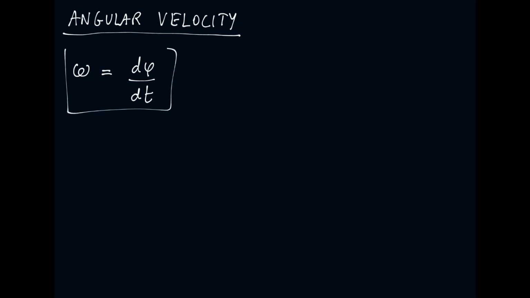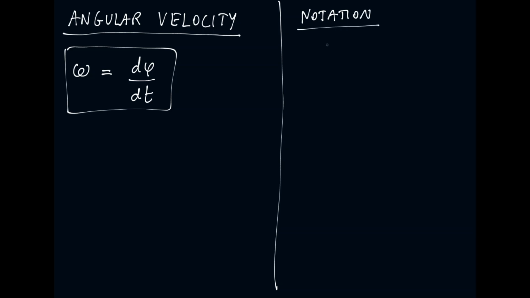Okay, actually I'll take this moment also to talk about notation. I'm sure I'll repeat this many times, but in this course I use a dot as time derivative, and two dots, for example, for second time derivative.